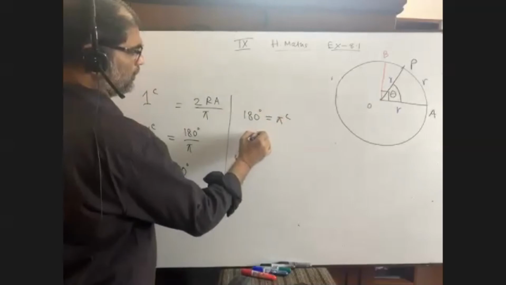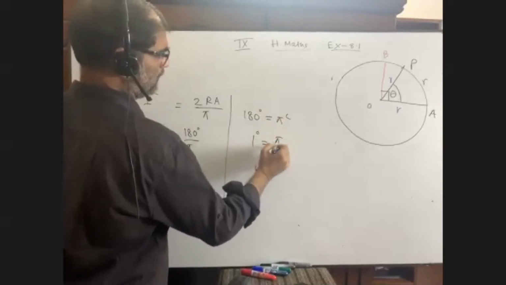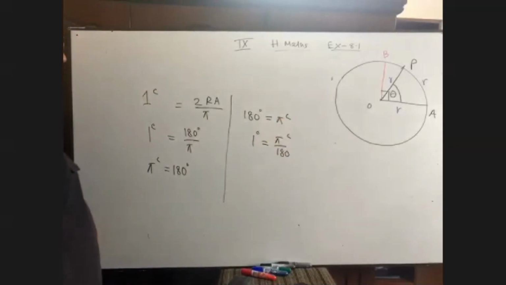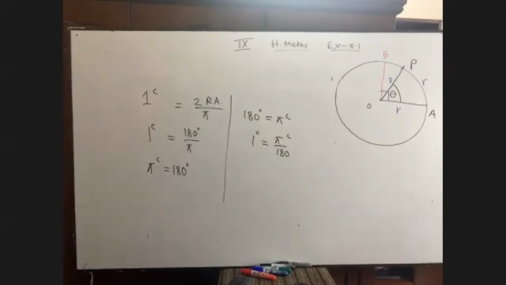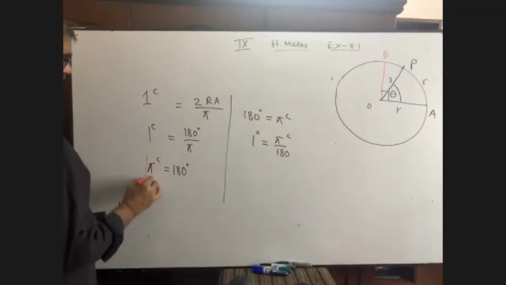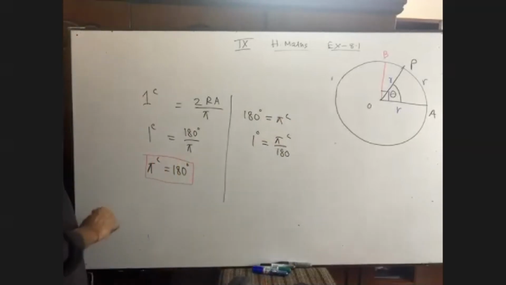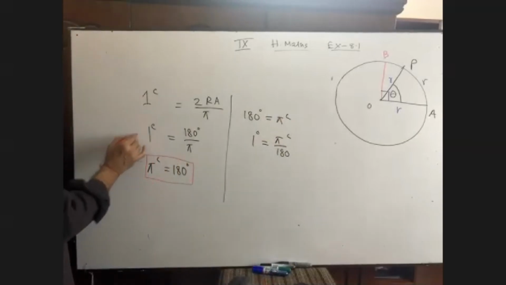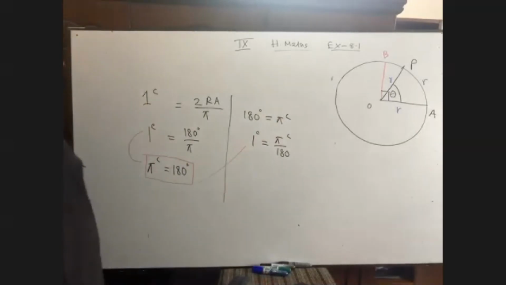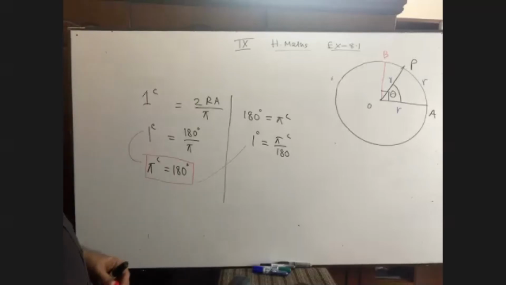That means 1 degree equals to pi by 180 radian. All this information will be needed during doing maths. So this is the basic formula. From it, we can write down this and we can get this. Is it okay?